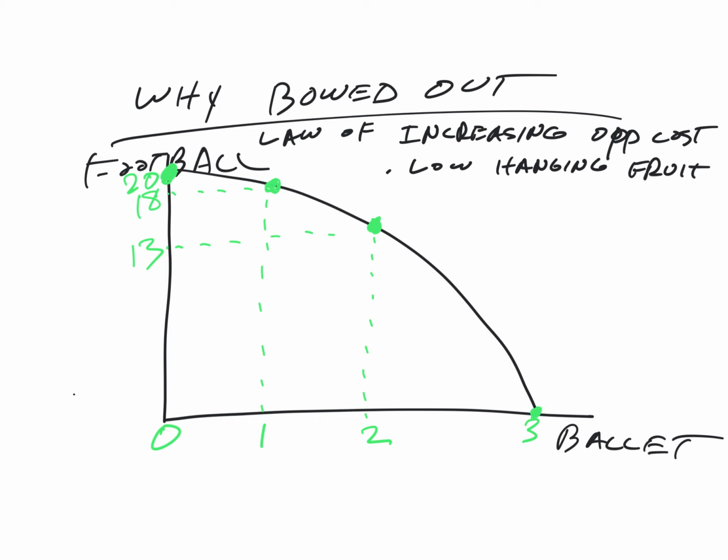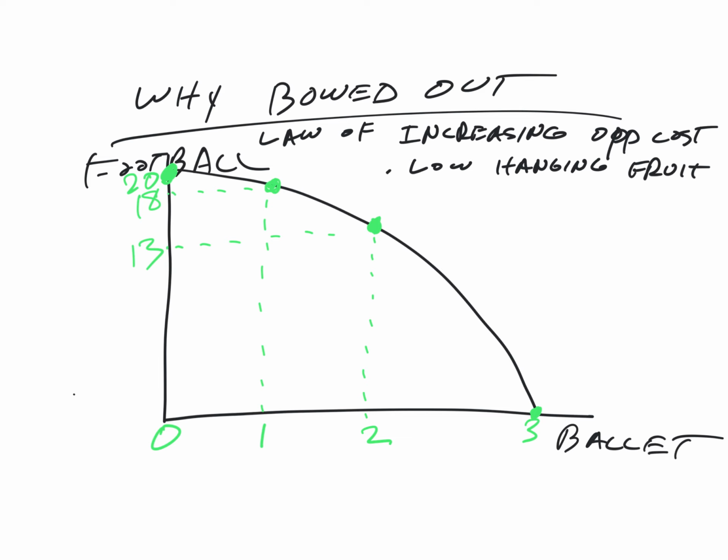And, of course, to get the resources to go to that third ballet, okay, from here to here, we're going to have to give up the rest of our football resources. Now the third ballet, what's the opportunity cost? You go from 13 down to 0 football. That third ballet is costing us 13 units of football.